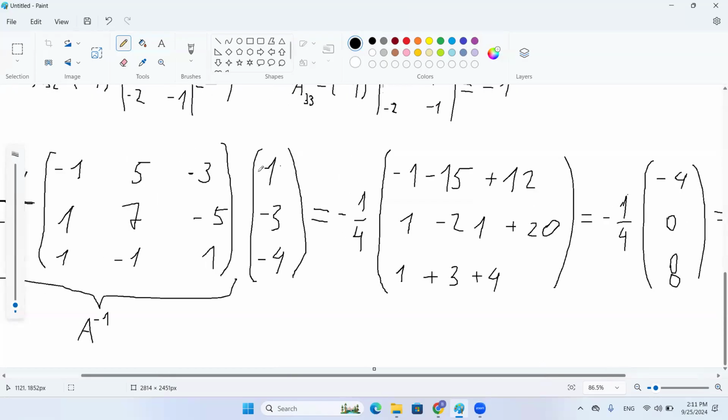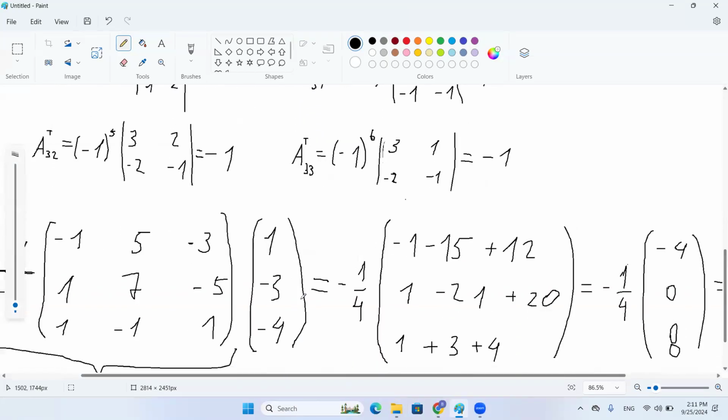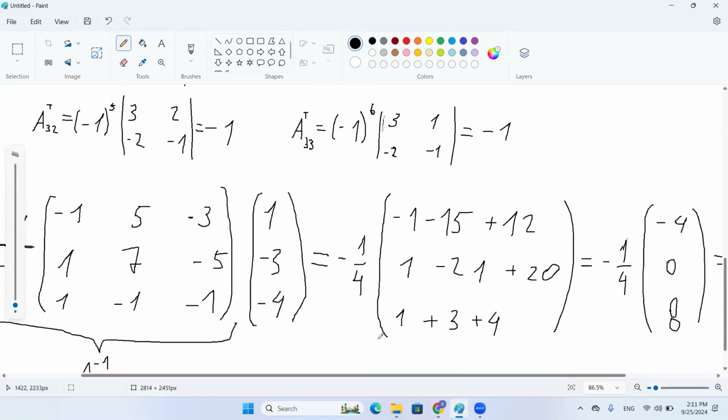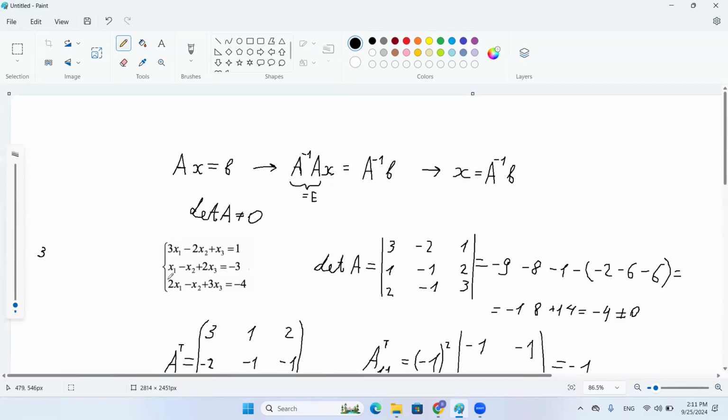So 1 plus 3 minus 4. Yeah, so something is incorrect. Yeah, because here we have minus 1. And now everything is correct. So the mistake here was a lost minus. Okay, so now continue verification. So 3 minus 2 is 1.